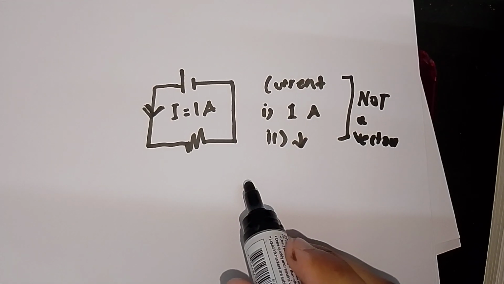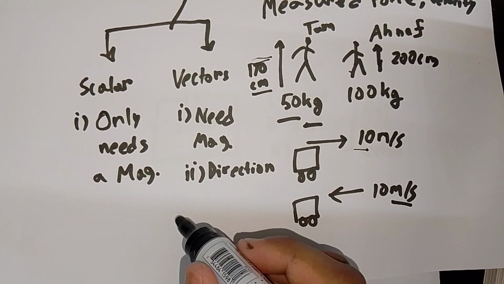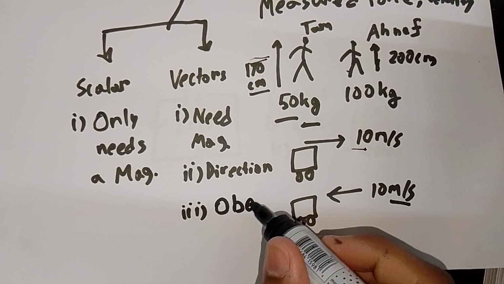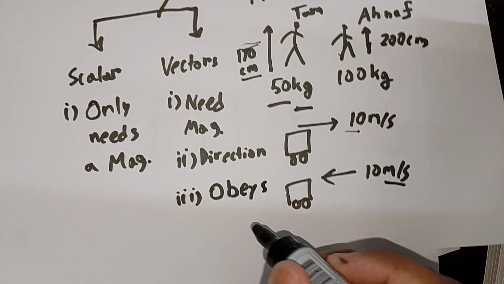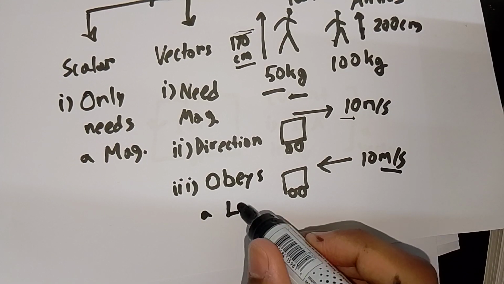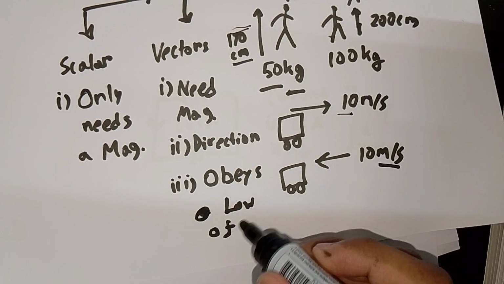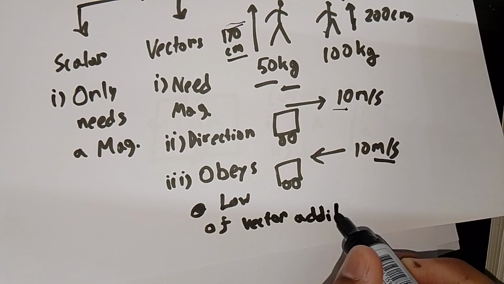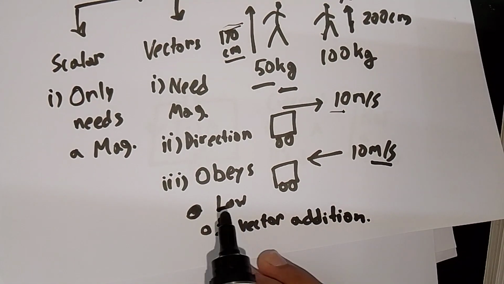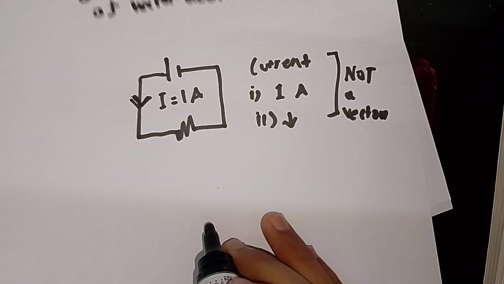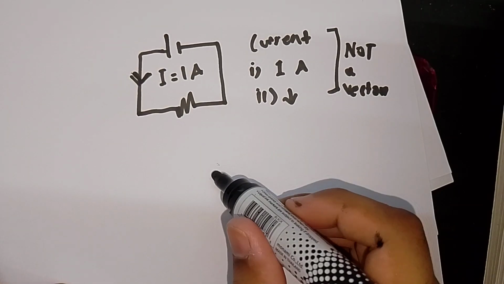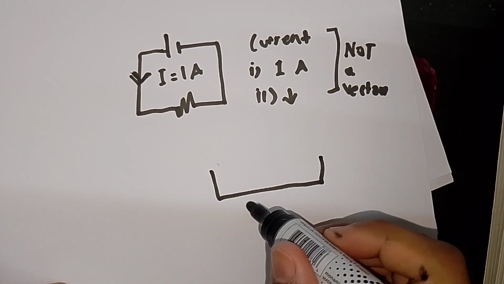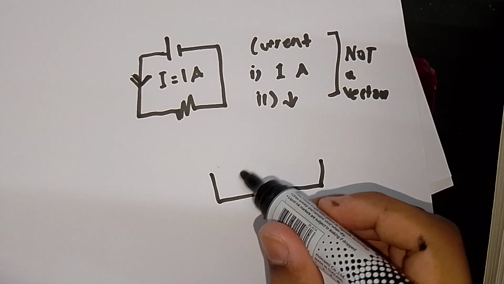The reason for that is we actually need to add another condition here. That is, vectors need to obey the law of vector addition. Allow me to expand on this. For scalars, let's say we have a scale here, like a weight scale where you measure something's mass.